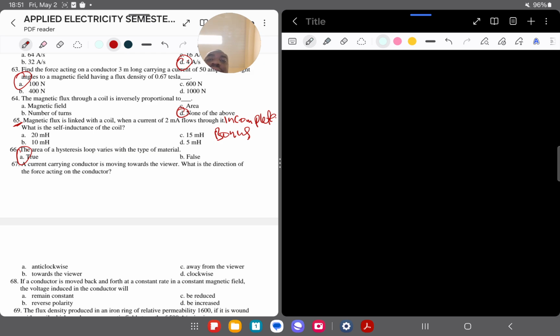Because it's just a current carrying conductor, it's not even inside a magnetic field, so there's not going to be any force acting on it. So this part here should be the direction of magnetic field.